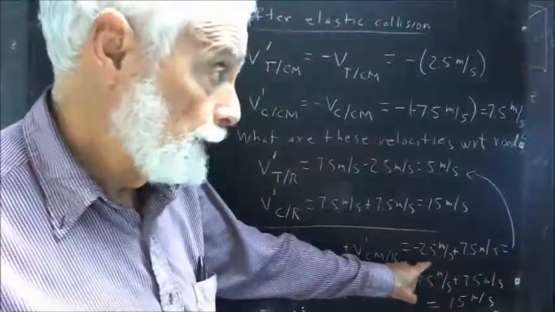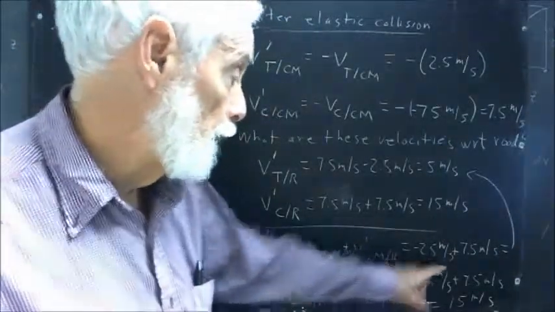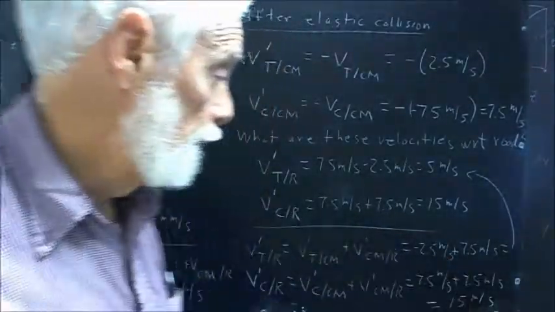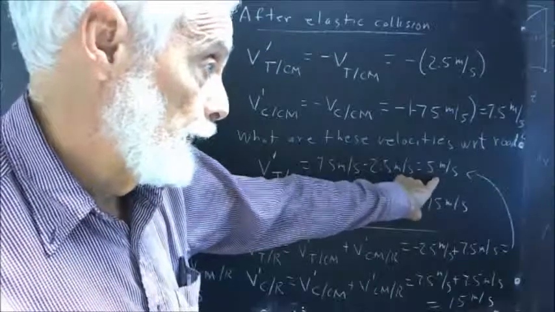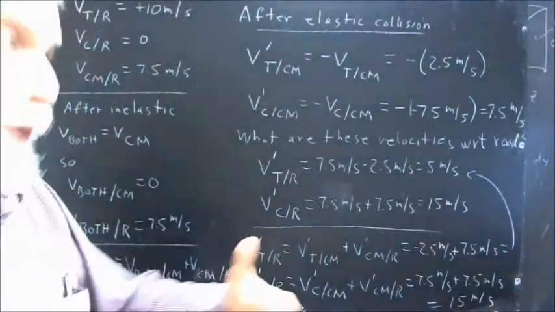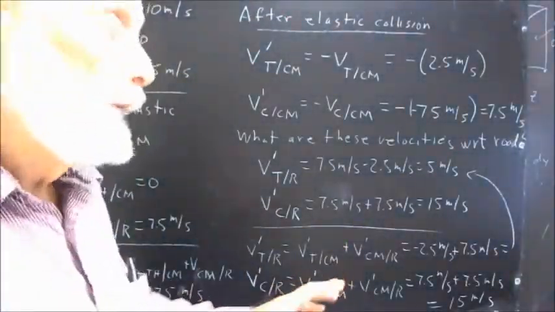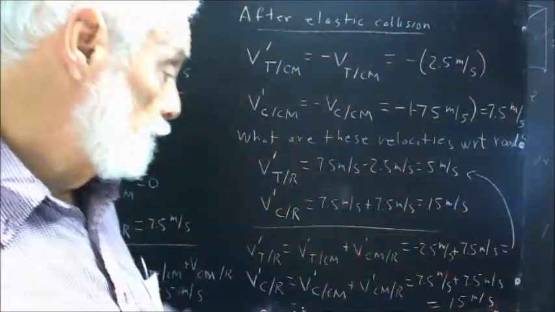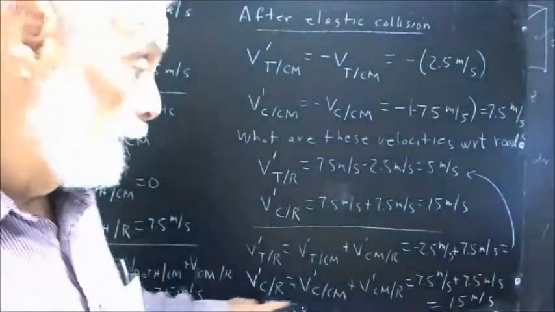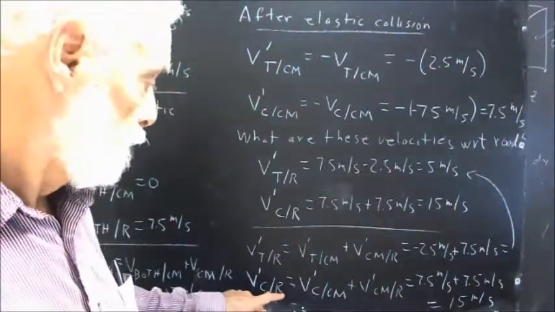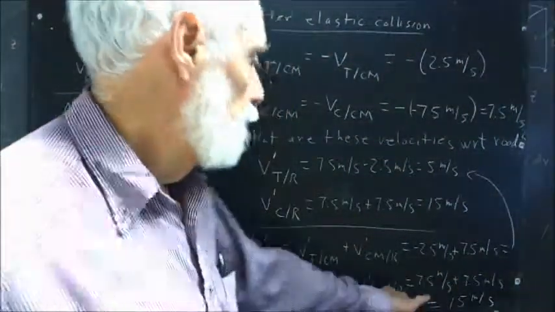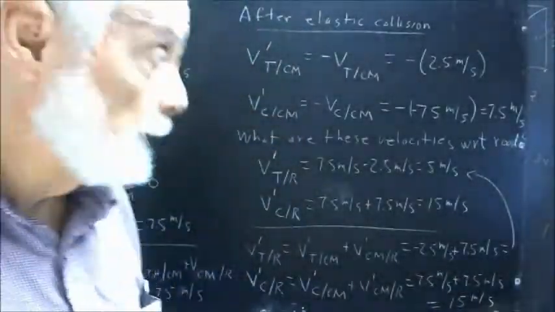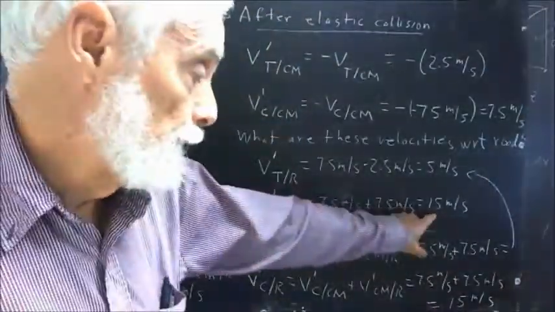Velocity of the truck relative to center mass is negative 2.5 meters per second, and that agrees with what the subscripts dictate. Gives us the same result we got up here when we just thought it through. And it can be dangerous to think it through. You always want to check it with the equations. You always want to also check it with the intuition, okay? And here, very similar, we add the 7.5 meters per second to the velocity of the center mass, and we get the same result we got up here.